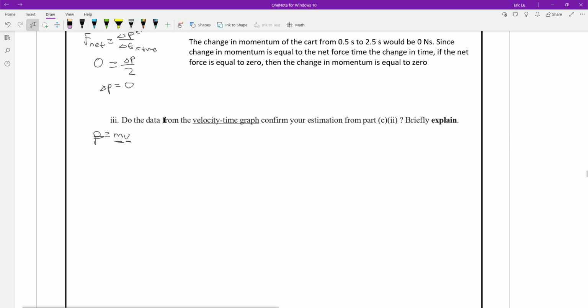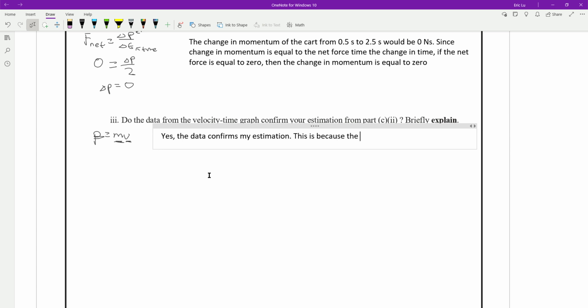So what I would write is yes, the data confirms my estimation. This is because the velocity at t equals 0.5 and 2.5 seconds are the same, and the mass of the cart is constant.